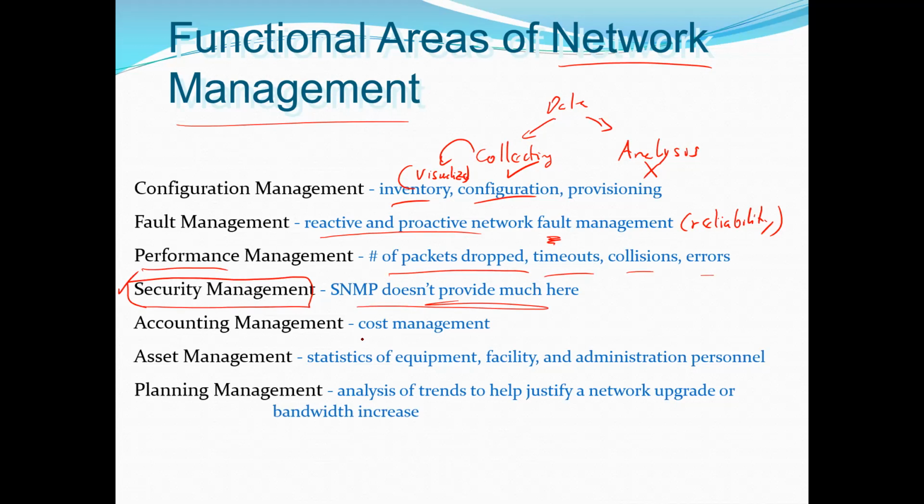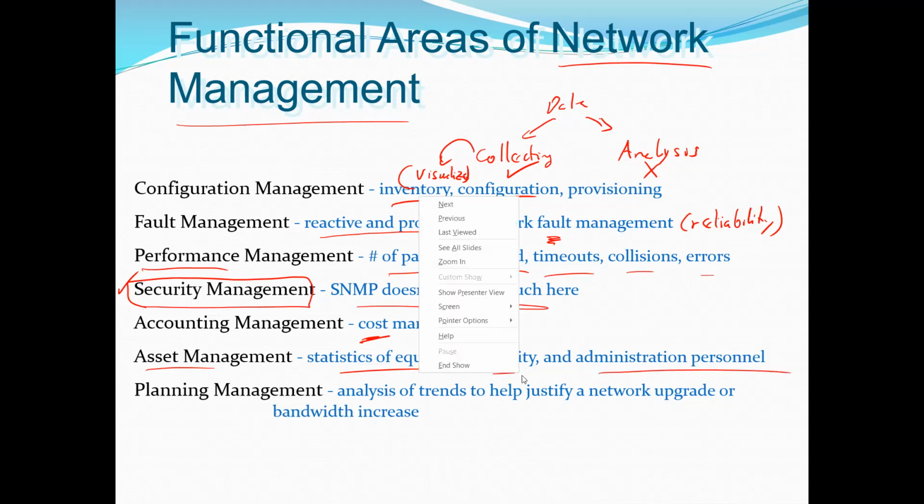Accounting management: if you're collecting data, that can help you with cost, so you can justify things. Asset management: statistics of equipment tell you when equipment starts to fail a lot and you need to replace it. It also allows administration of personnel, the facility, etc. So it's a monitoring tool for that as well.